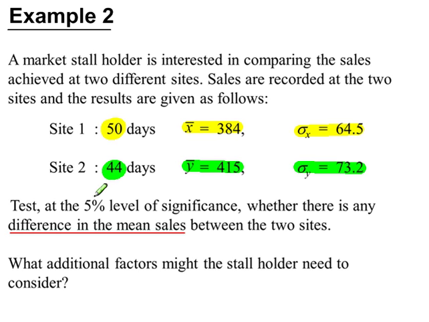The 5% significance level will have to be split. And because we know the population standard deviations and variances, we can do a two-sample z-test. And we are assuming that the populations are both normally distributed, and these are independent random samples.